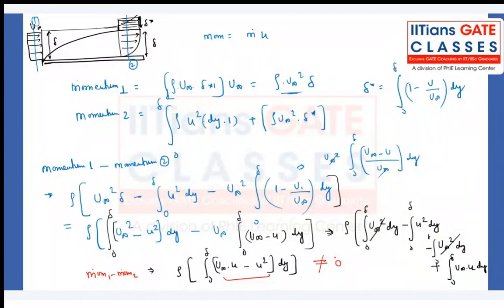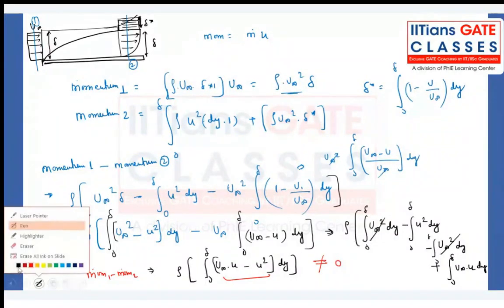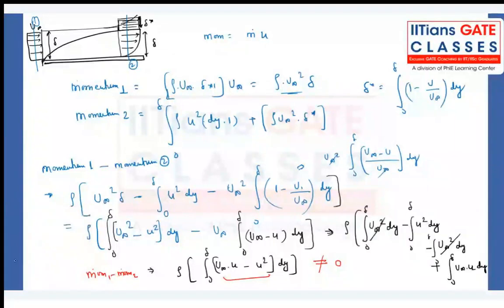According to Newton's second law, nobody can deny that whenever there is a momentum exchange, whenever there is a momentum difference, higher, lower, lower, higher, it will give some force, and that force will be the drag force. Now, is it done for all?